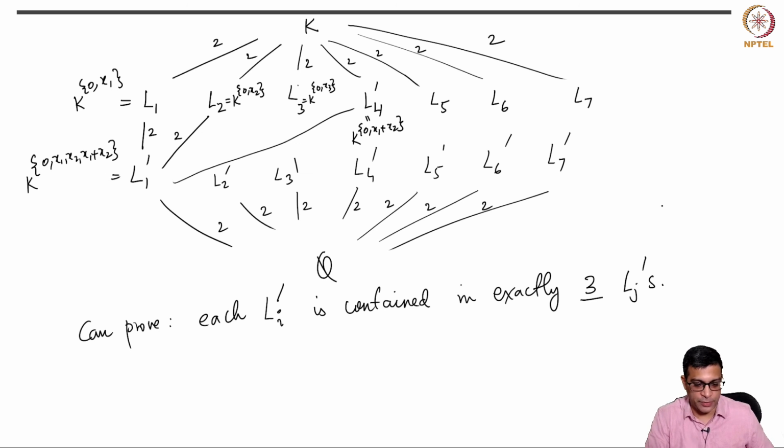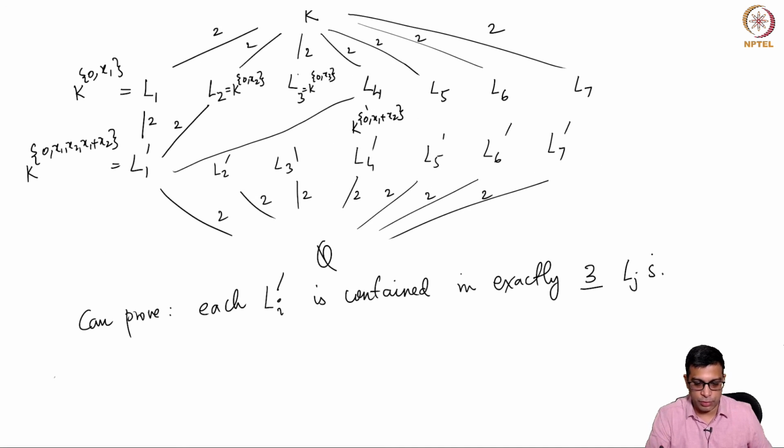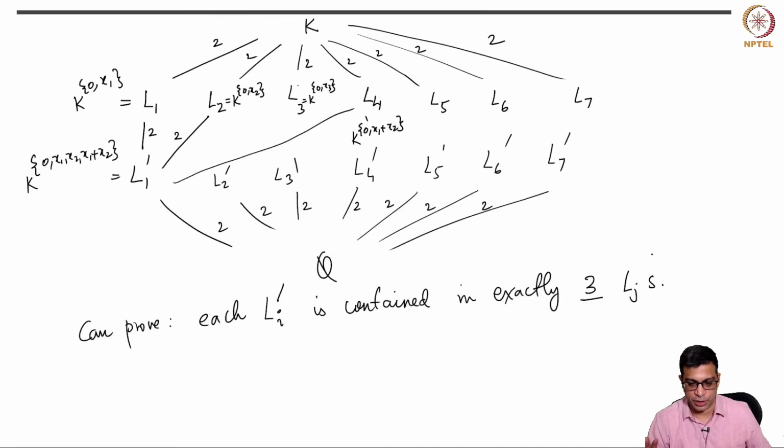For example, L1 prime is contained in L1, L2, L4 in my notation here. So I cannot erase this, but it should be L4. Maybe L2 prime is contained in something else, so it depends on the notation, but that is the picture of this.